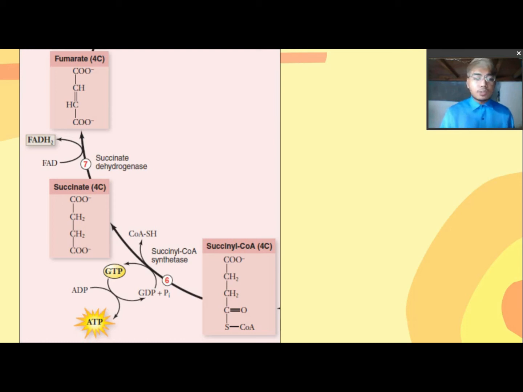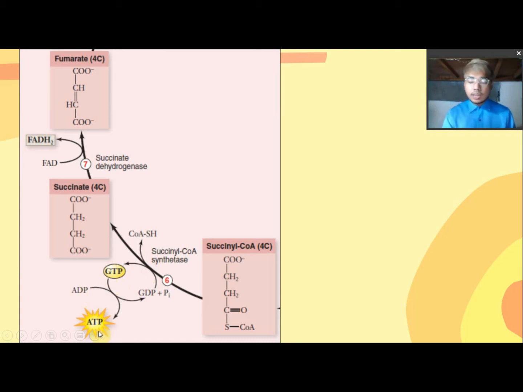Okay? You can observe here that the guanosine diphosphate will attach a free phosphate to itself with the presence of the succinyl coenzyme A. While that is happening, GTP, or guanosine triphosphate, will be created and the coenzyme will be released. Then, the phosphate that is present on the GTP will interact with adenosine diphosphate to create adenosine triphosphate.